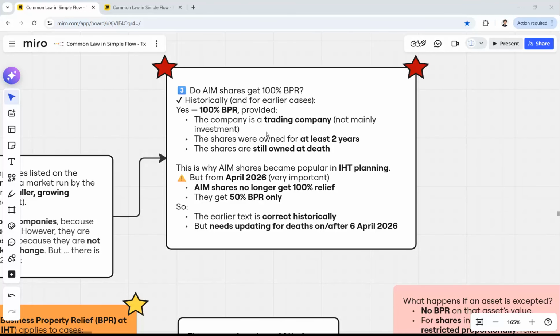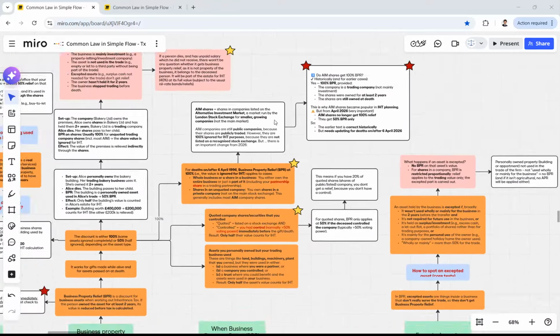And regarding this not mainly investment, it means that the trading company is not a company that invests in other companies, so it is just allocating money. It is a trading company that really sells goods and services.